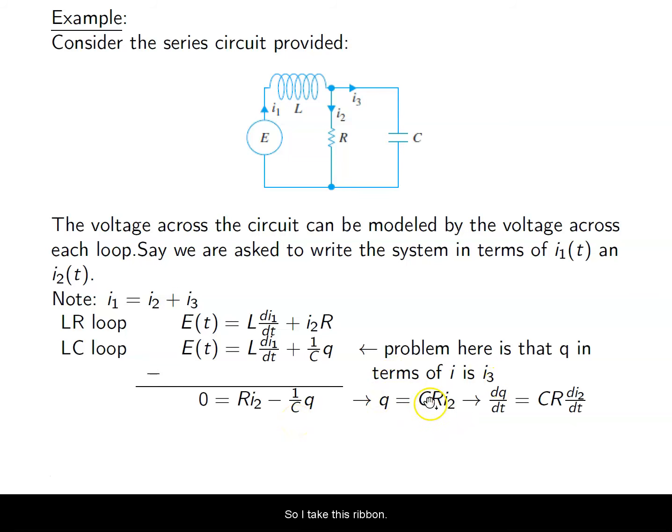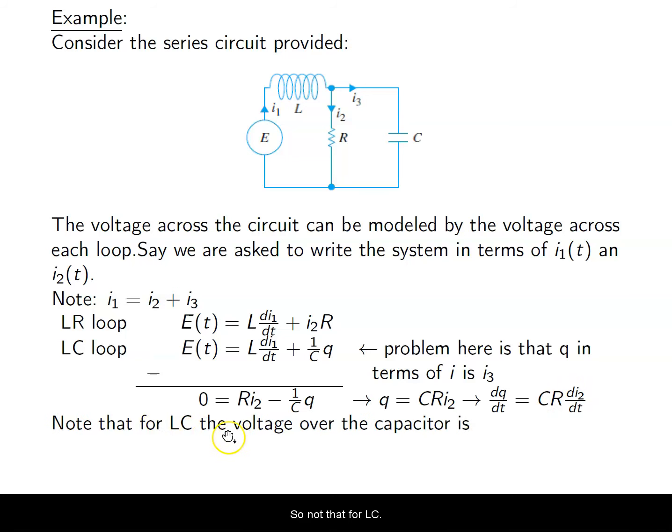So if I take this derivative, I can then differentiate this. Remember, c and r are constants and I is a function. So I get dq over dt is cr times the derivative of I2 with respect to time. Note that for the LC loop, the voltage over the capacitor is going to be 1 over c times q, which is what we got from here.